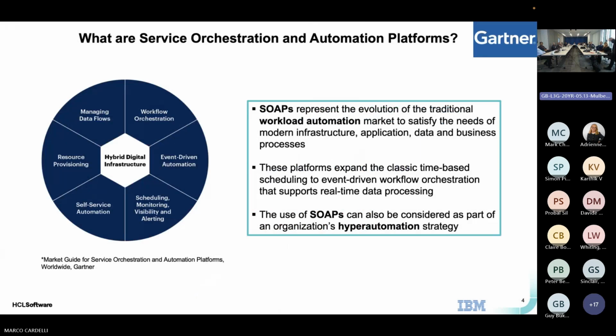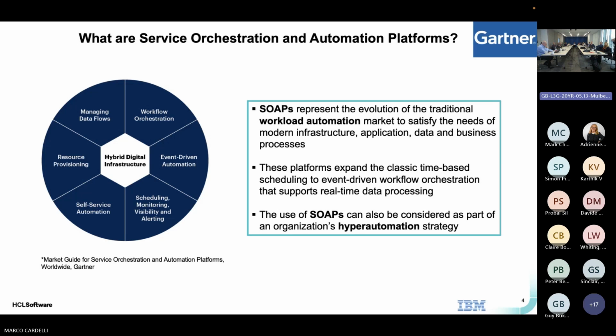So just let me give you a bit of information about this Gartner report. A service orchestration and automation platform is what you will see more in the future, the new name for workload automation.